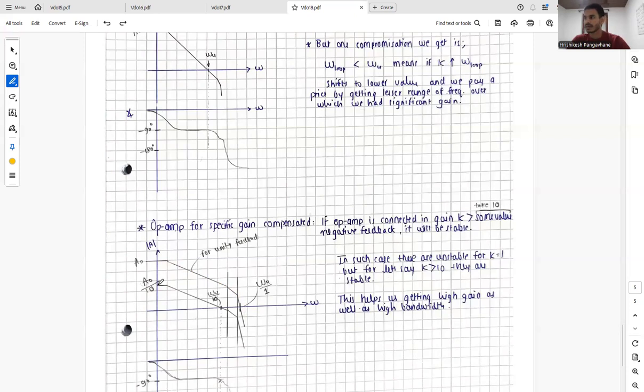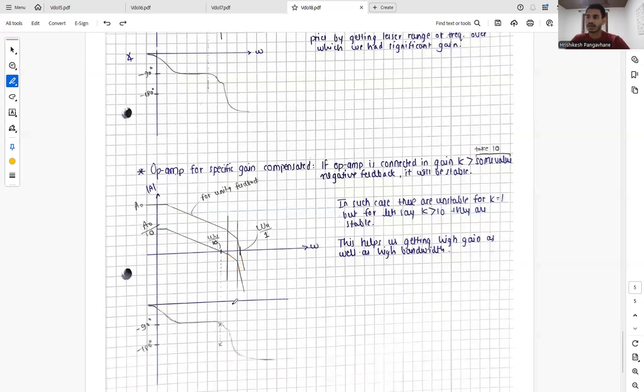In such a case, these are unstable for k equals 1, but for k equals 10 or greater than 10, they are stable. How? Their curve looks something like this, and then after reaching 0 dB, the poles and all lie after omega U or omega loop. So this helps us get higher gain as well as higher bandwidth.